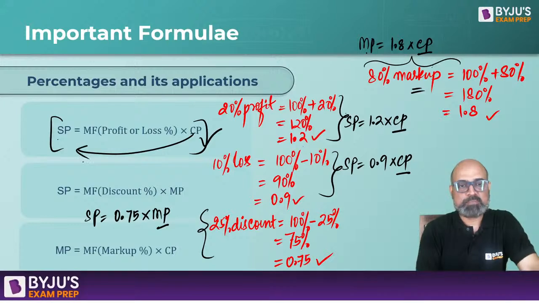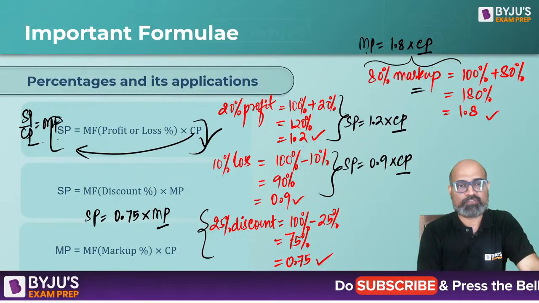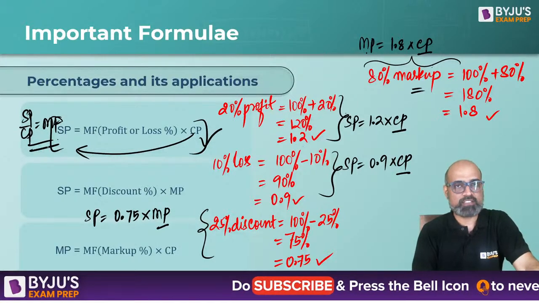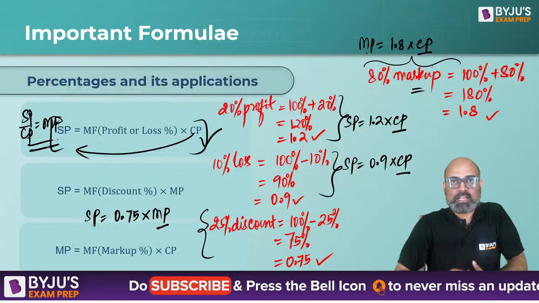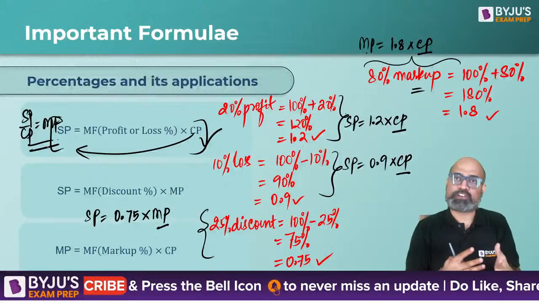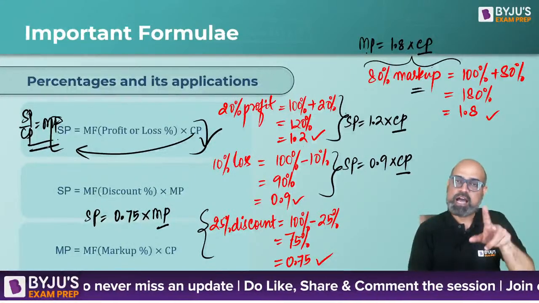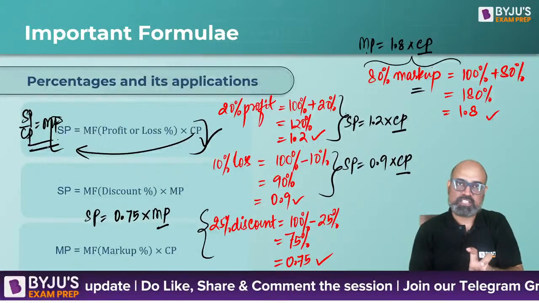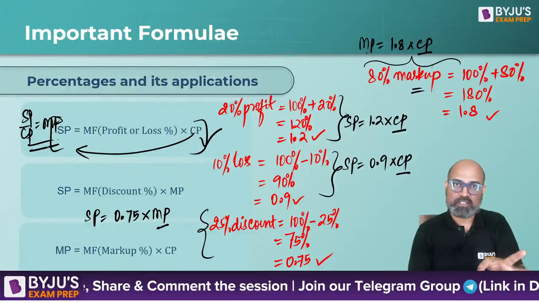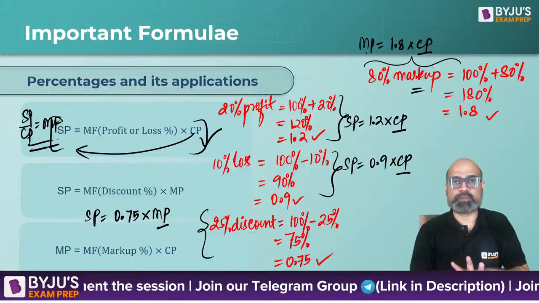If I bring CP on the other side, SP by CP will give you the multiplying factor of profit or loss percentage, है ना? मतलब if you ever have to calculate profit percentage or loss percentage ना, आपको SP नहीं चाहिए, आपको CP नहीं चाहिए, आपको profit नहीं चाहिए. All you need is SP by CP.